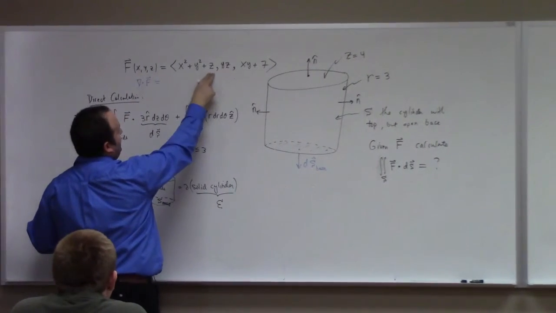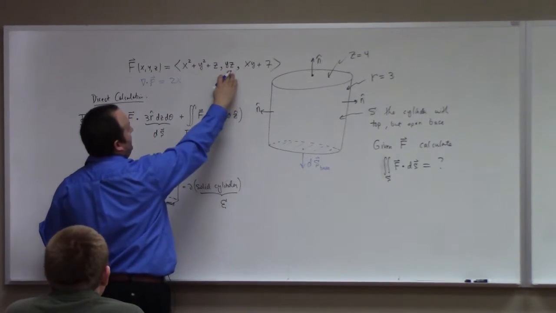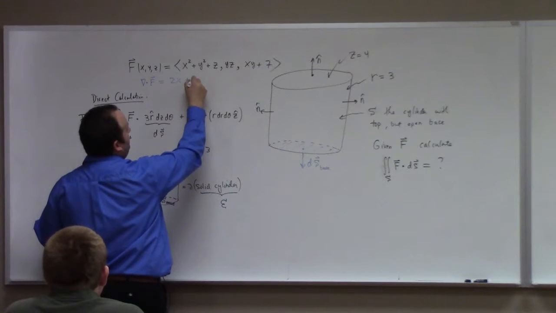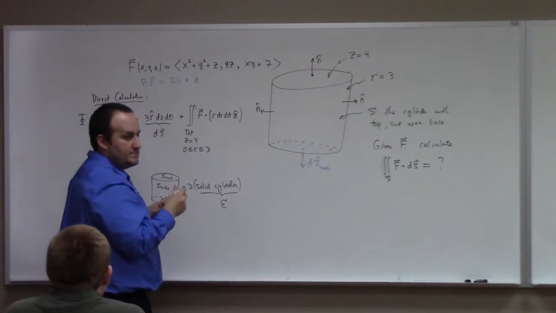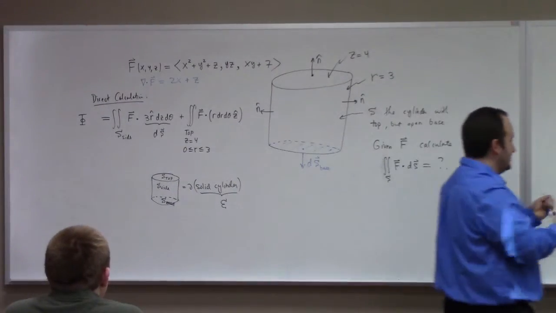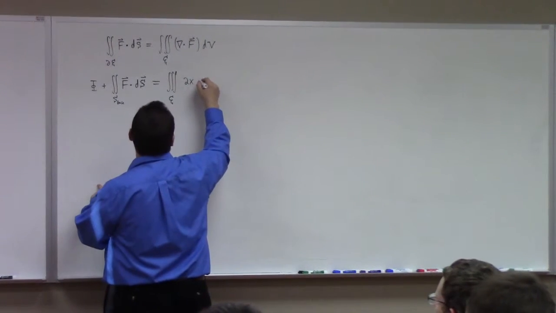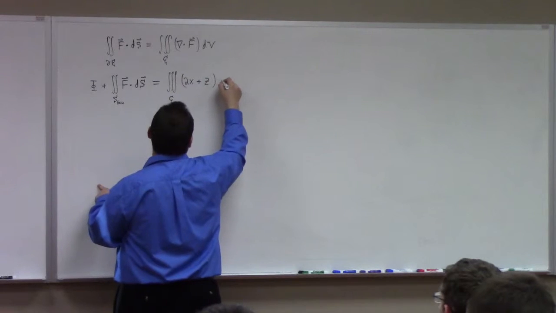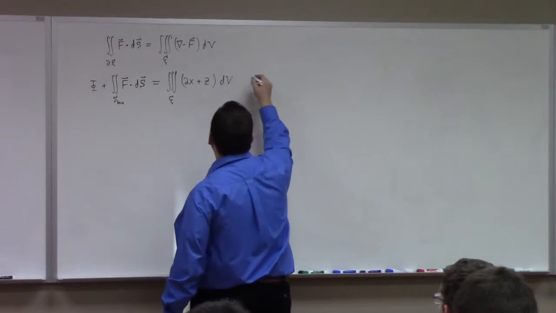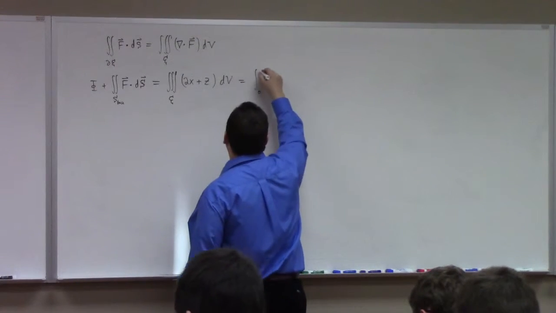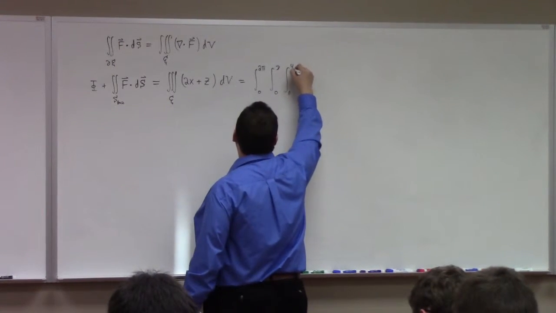Differentiate this with respect to x, what do you get? Differentiate that with respect to y, what do you get? Differentiate this with respect to z, you get 0. So we just have to integrate 2x plus z over the cylinder. Now that we can do without too much difficulty, because that's nothing more than the integral from 0 to 2 pi, the integral from 0 to 3, the integral from 0 to 4.